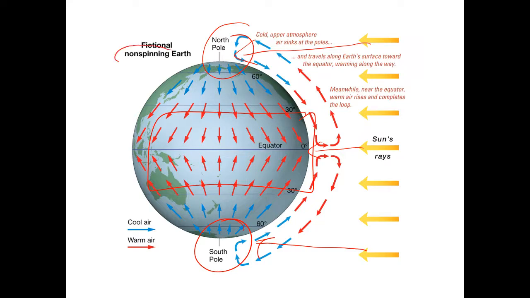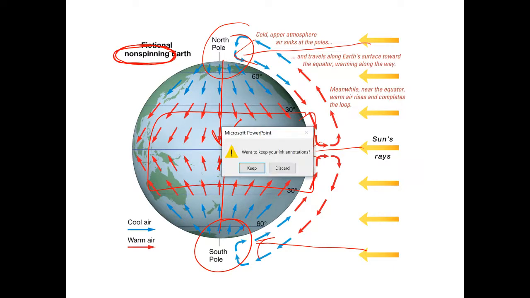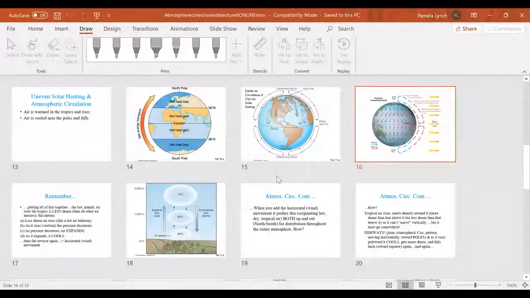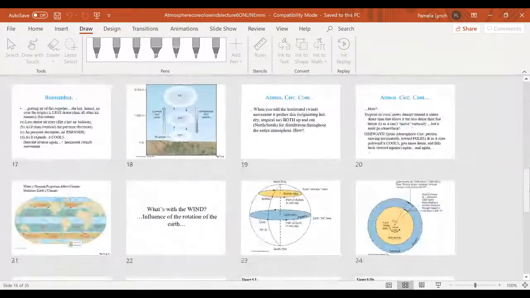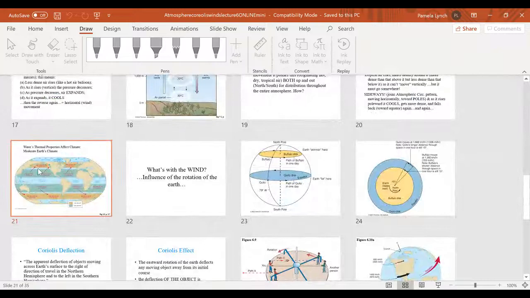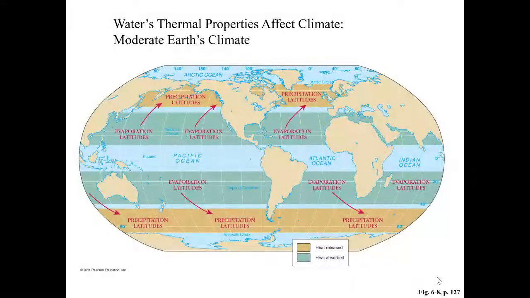Now this is on a non-spinning Earth. In other words, things are literally falling straight down from the poles to that center equatorial region. That can't be the case because we're spinning. So if we're spinning, then we have to apply the Coriolis effect. And we're going to pause there.